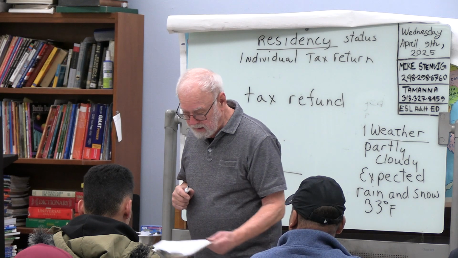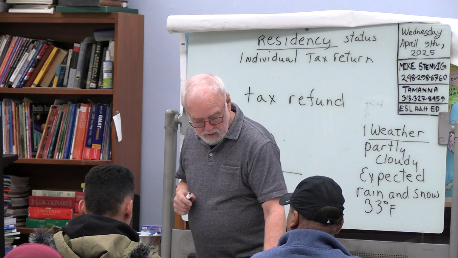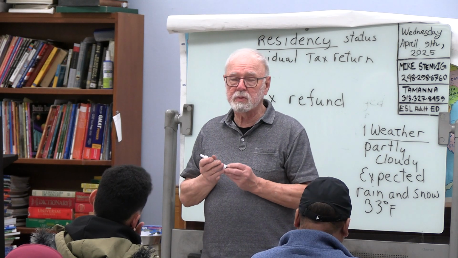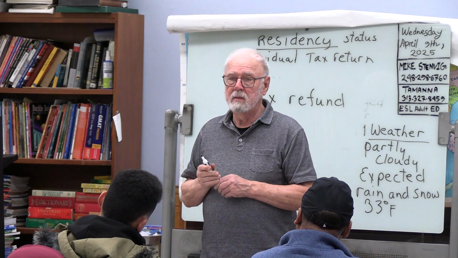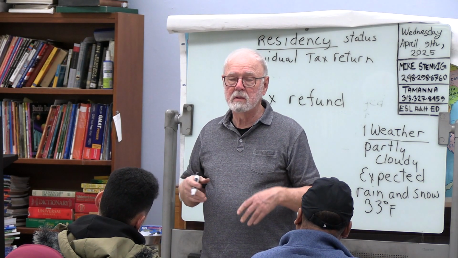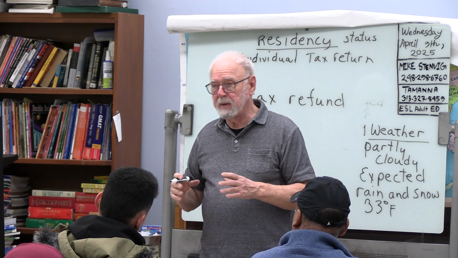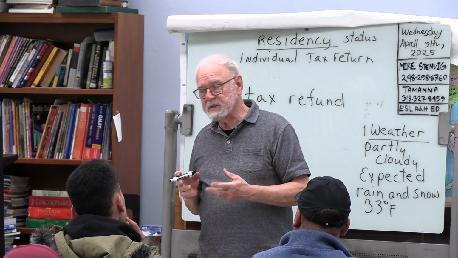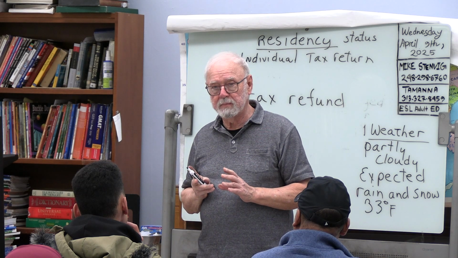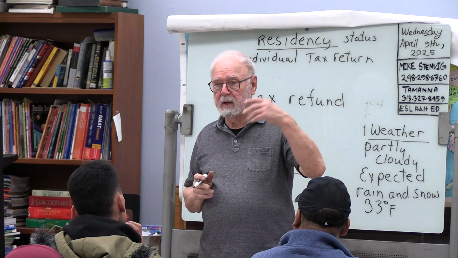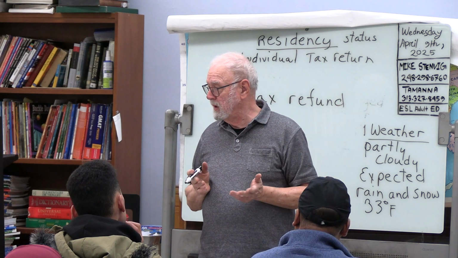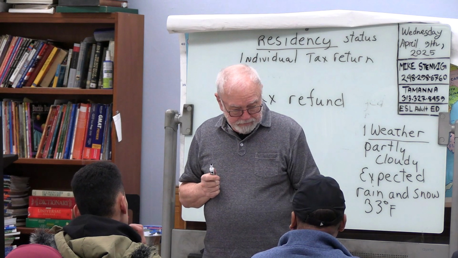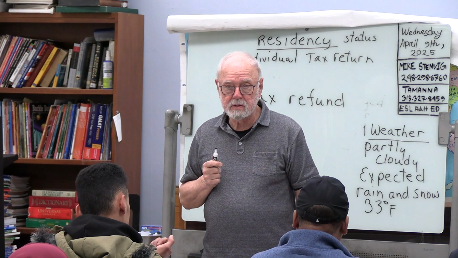Any questions on that? Income tax returns: the federal government has a return, Hamtramck has a return, Detroit has a return. Some cities don't have a return. So for example, people that live in Warren, I don't think you have to do a return. No. Any questions?